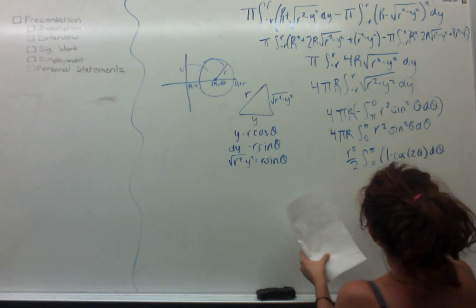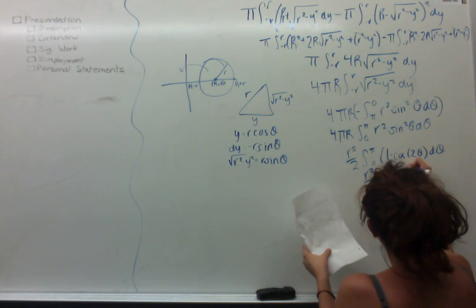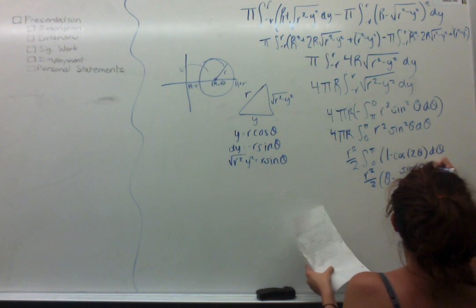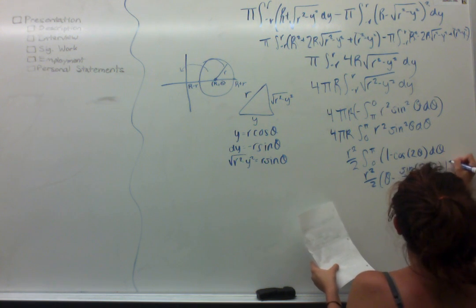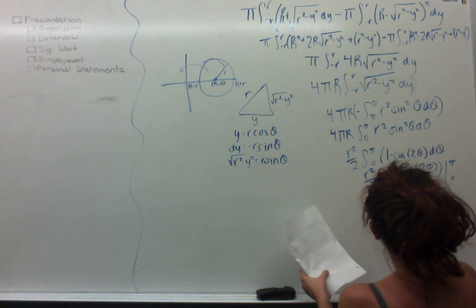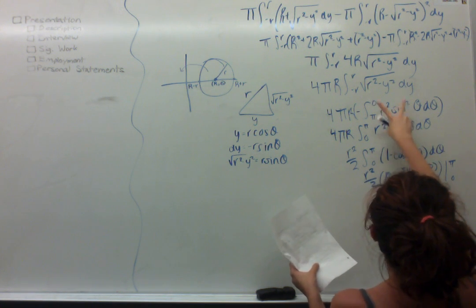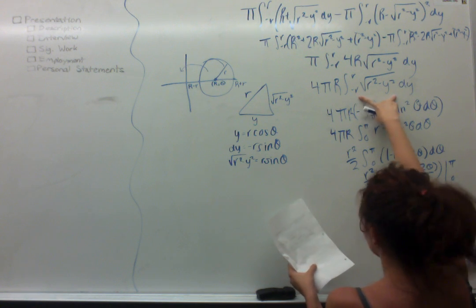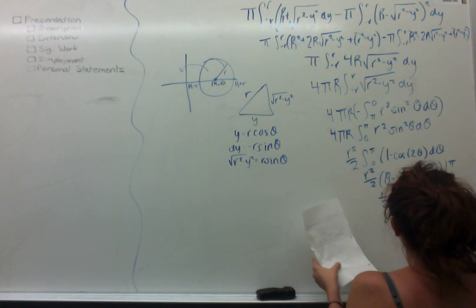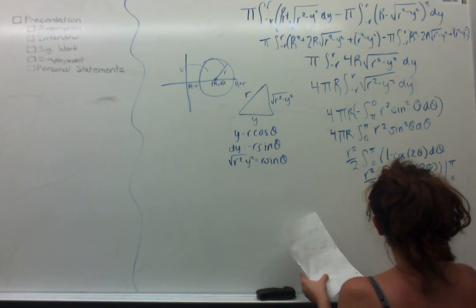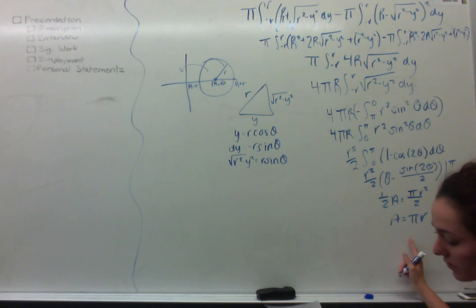And if we take the integral of that, we get theta minus sine 2 theta over 2 from 0 to pi. So half the area, which is what we were solving for with this integral right here, is equal to pi r squared over 2, where area equals pi r squared. As we all know, that's the area of a circle.